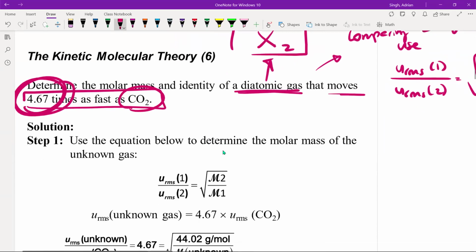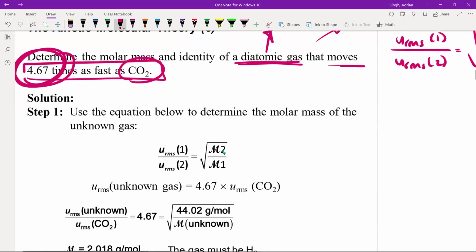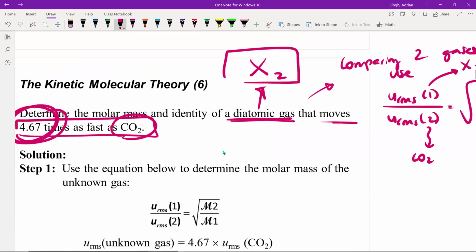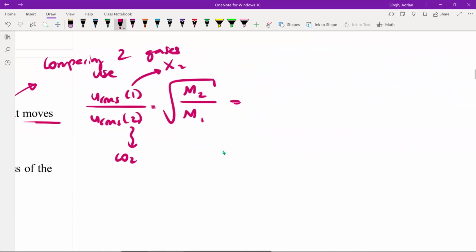So we can say that our gas 2 here is CO2, and our gas 1 is our unknown, which we'll call X2 for right now. That ratio is 4.67.